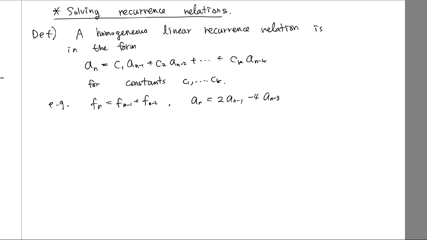So here, for instance, if we had plus n, something like this, or some constant, anything without a term like this is inhomogeneous. In this case, inhomogeneous. But here we're going to consider only homogeneous recurrence relations like this.